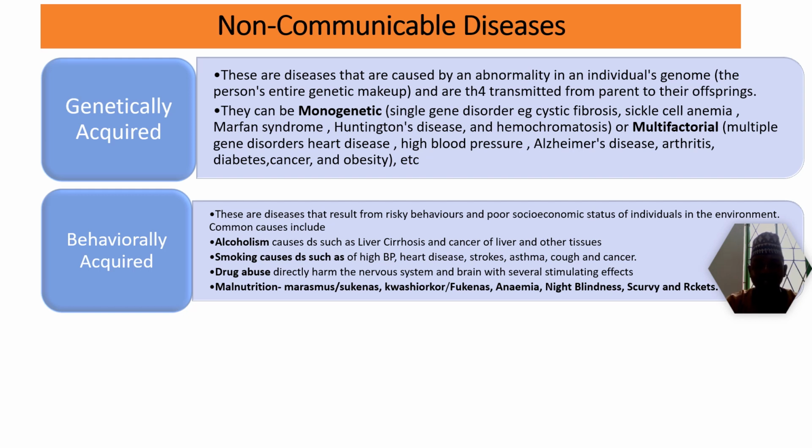Another example is Kwashiorkor. This one is another deficiency disease, also as a result of deficiency of protein, leading to cracking of the skin, descaling, loss of appetite, vomiting, weakness, and also loss of immune power, frequent diarrhea.